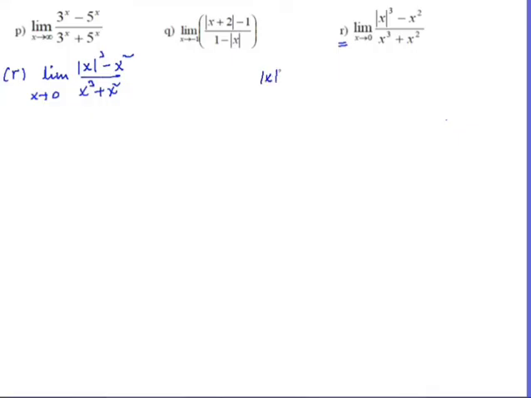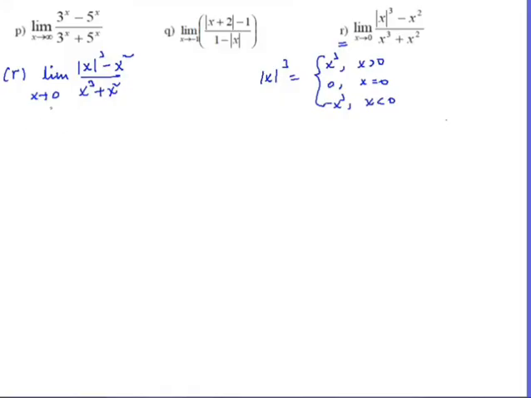So absolute value of x cubed becomes x cubed itself for x positive, and 0 whenever x is 0. Otherwise minus x cubed, we will replace minus x cubed for x negative. So this absolute value of x cubed depends on the sign of x.